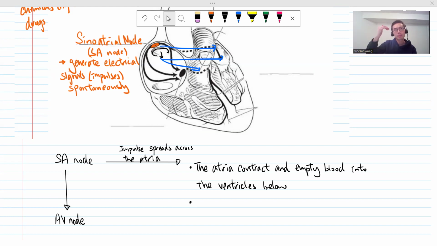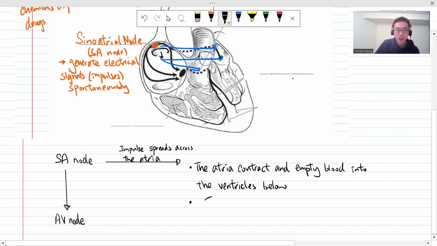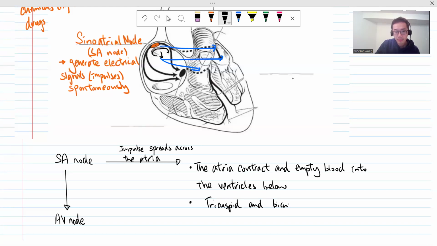Are those the ones that are between the atria and the ventricle, though? Tricuspid and bicuspid. That's right. The tricuspid and bicuspid valves open. They're here, right? Tricuspid and bicuspid valve. You need to open them so that the blood can go down.